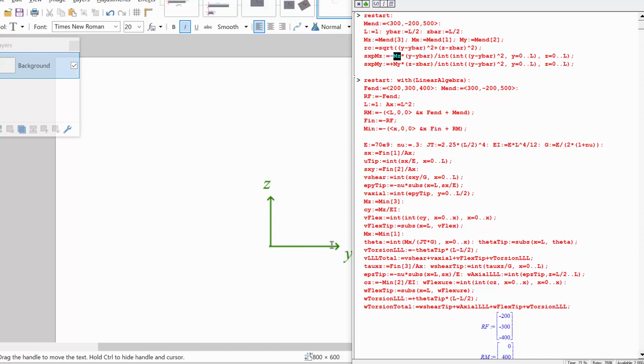But to get a moment in the y direction, we need an out of the page stress when we're displaced up. So that's why we have MY without that negative, times z minus z bar. Okay, so I'll take z minus z bar squared over that cross section. Not that this is going to be different from the other integral, because it is a square anyway.